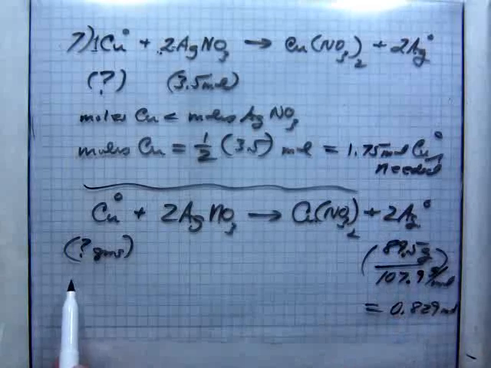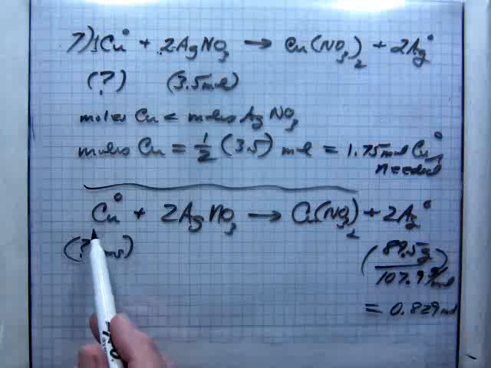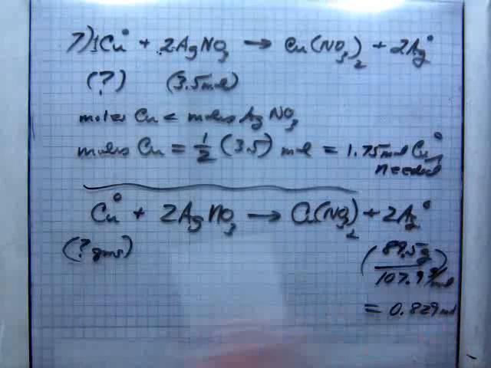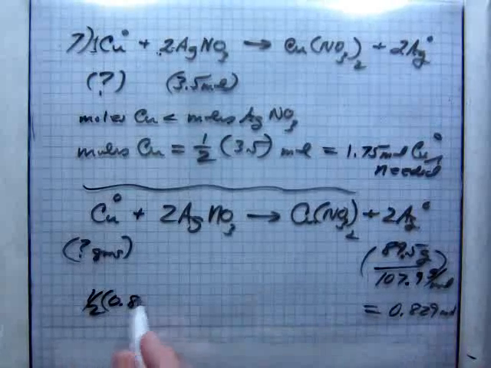How much copper? Well, it's a 1-to-2 ratio, and copper will be smaller number of moles than silver, so I want to use 1/2 on the moles of silver.